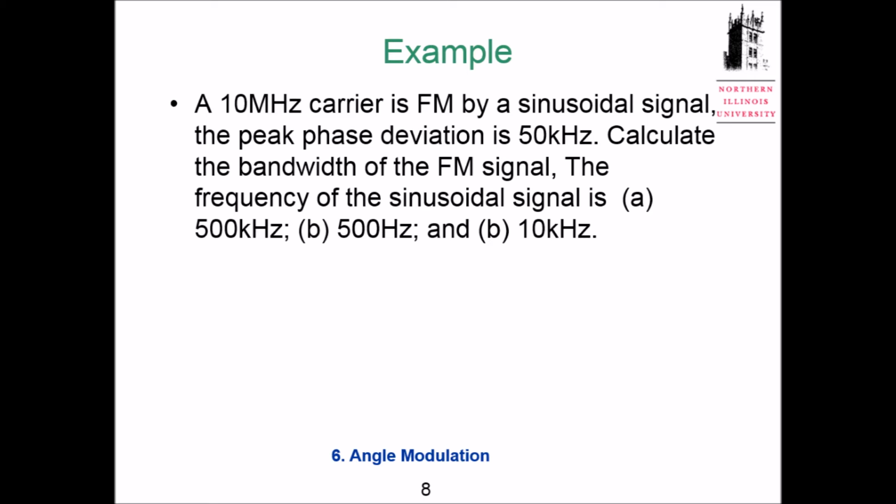So my carrier is 10 megahertz, and my message is a sinusoid. The peak frequency deviation is 50 kilohertz. Calculate the bandwidth of the FM signal. The frequency of the sinusoid signal is, first, 500 hertz.